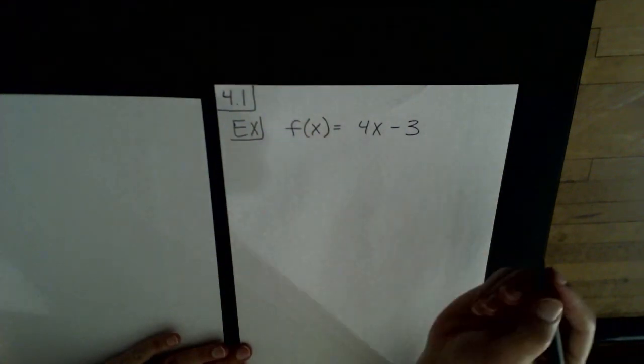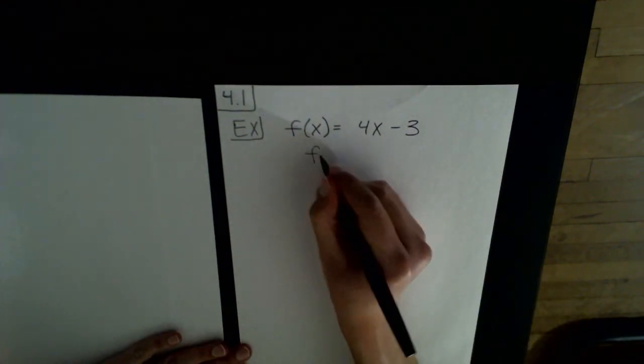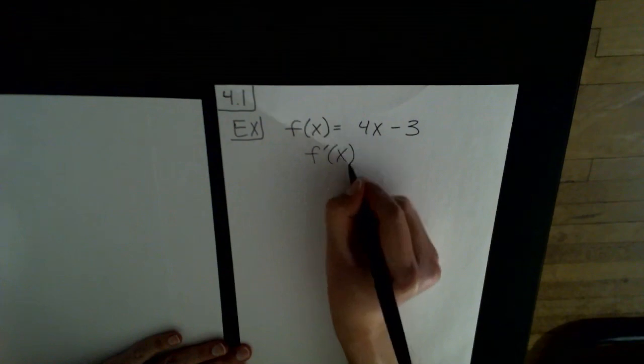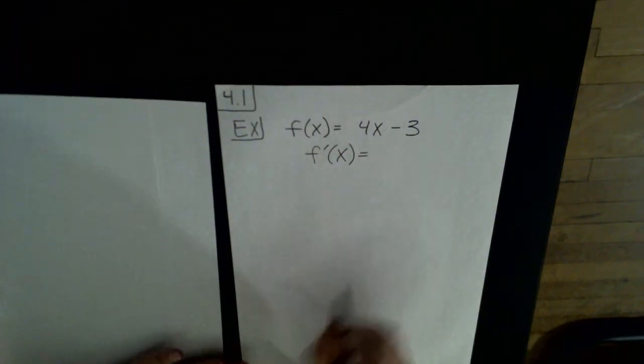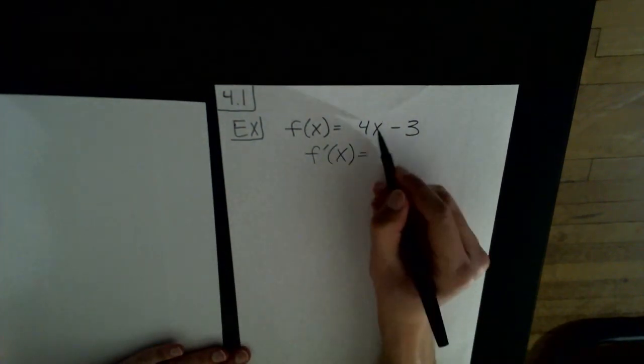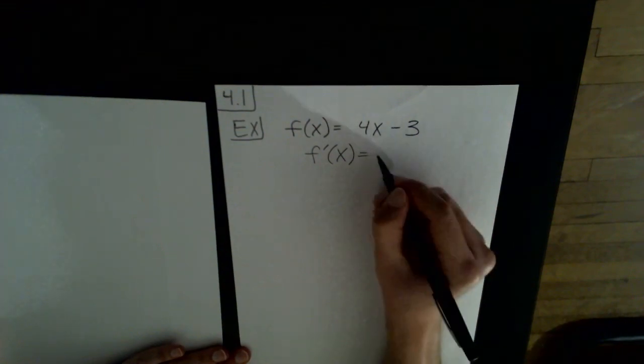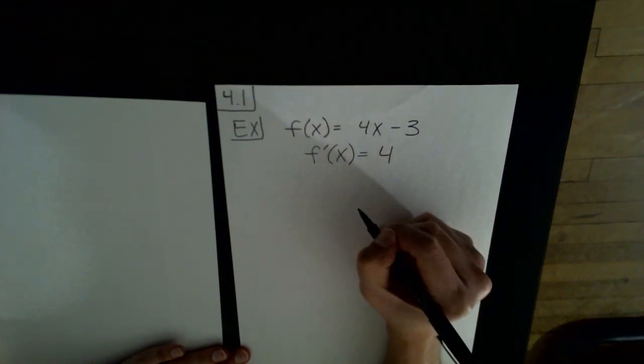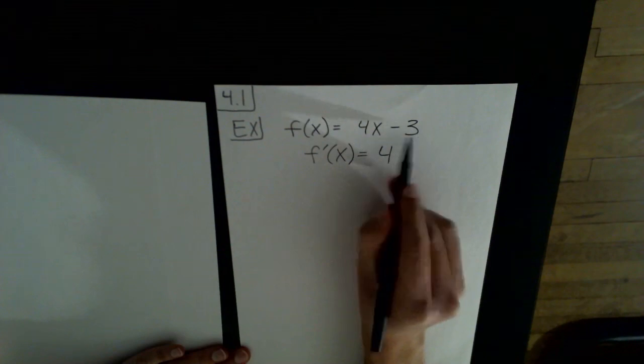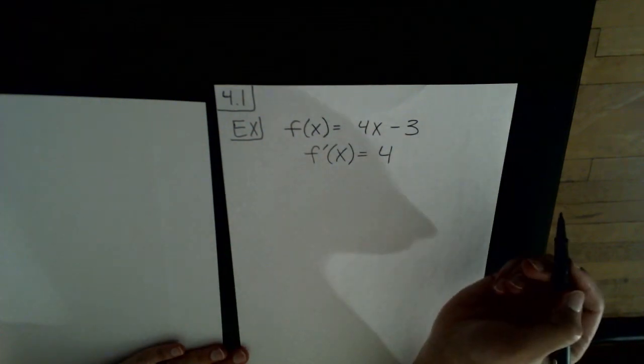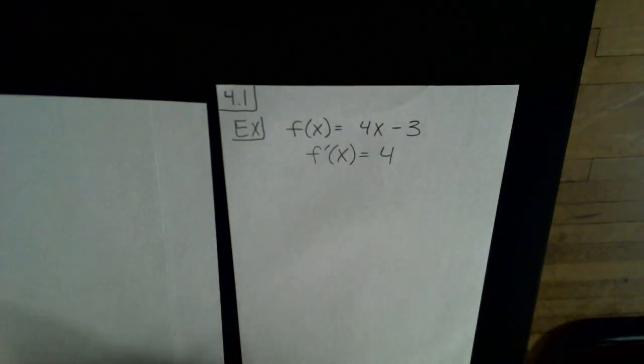So, remember the first step? Find f prime of x. F prime of x, the derivative of 4x, is just 4. And the derivative of minus 3 is just 0. So f prime of x is equal to just positive 4.